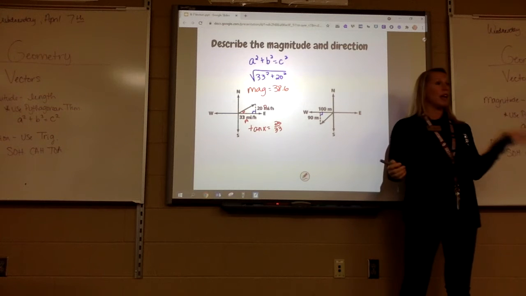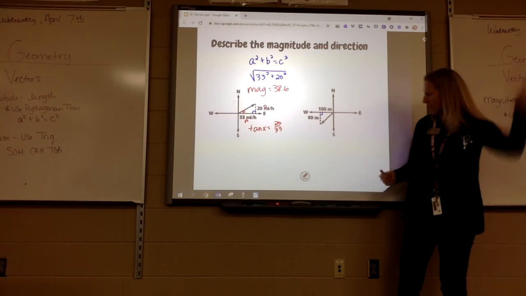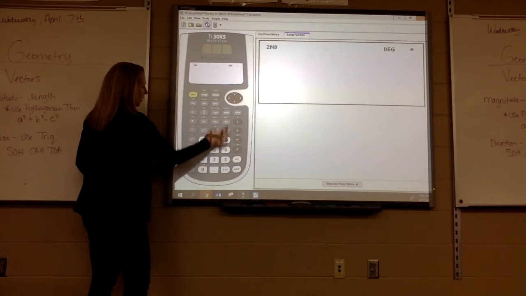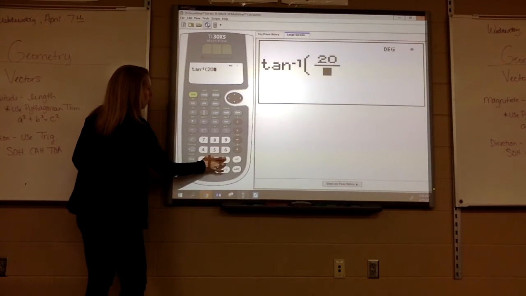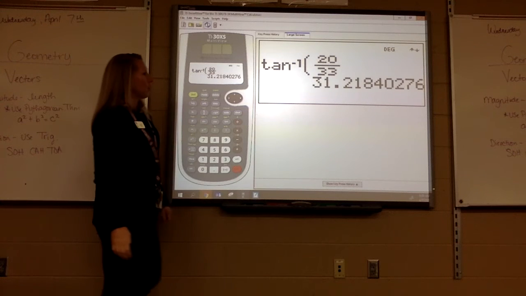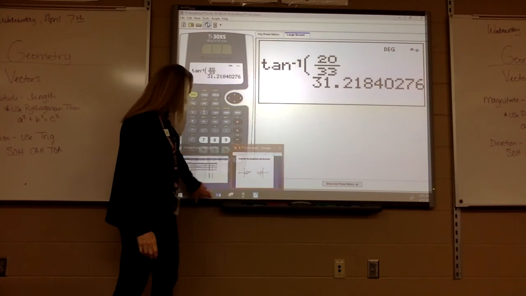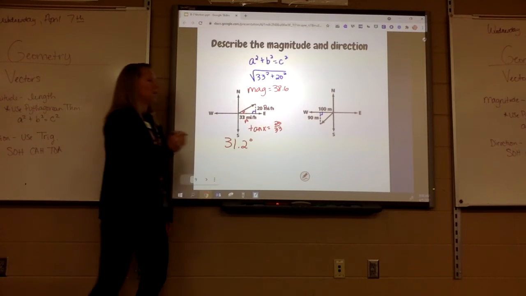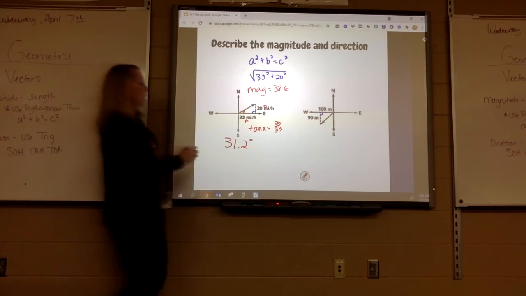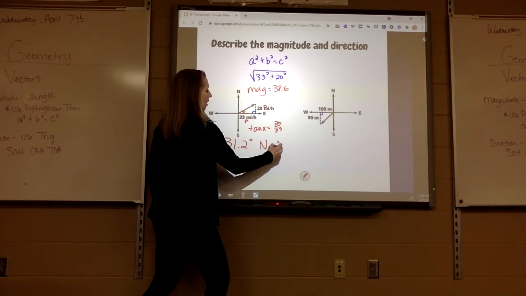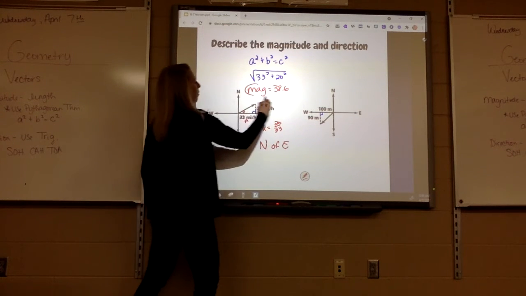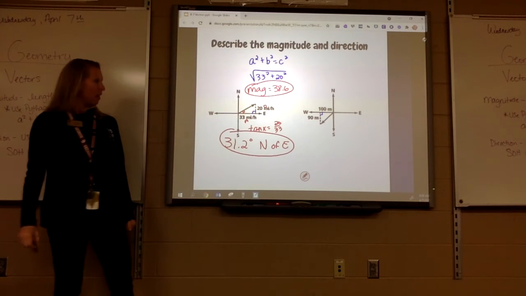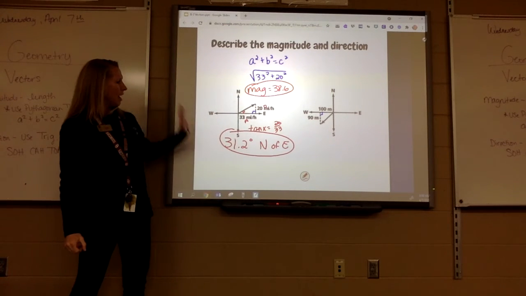If you don't know the angle, second tan, 20 over 33. 31.2 degrees. And what was it? What of what? North of east. So I've got my magnitude and my direction. That is a vector. Magnitude and direction.